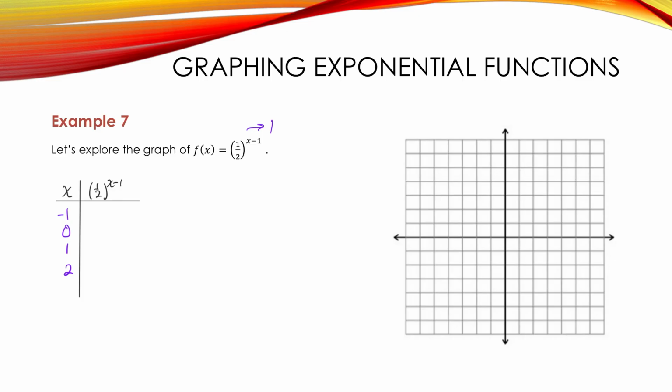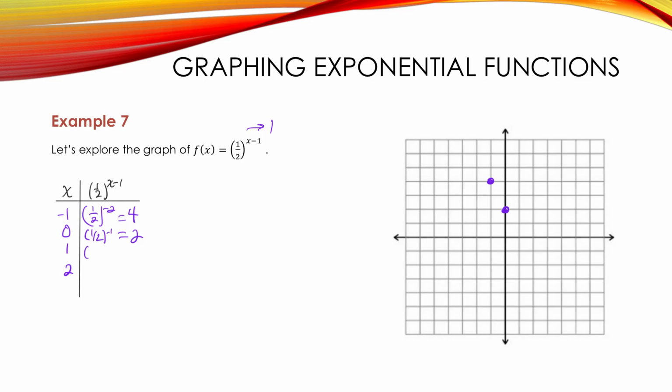So if we plug in -1, I get 1/2 to the -1 minus 1 is a -2, which we just found out was 4. So I'll have -1, 1, 2, 3, 4. If I plug in a 0, I get 1/2 to the -1, which we know is 2. So we have 0, 2.